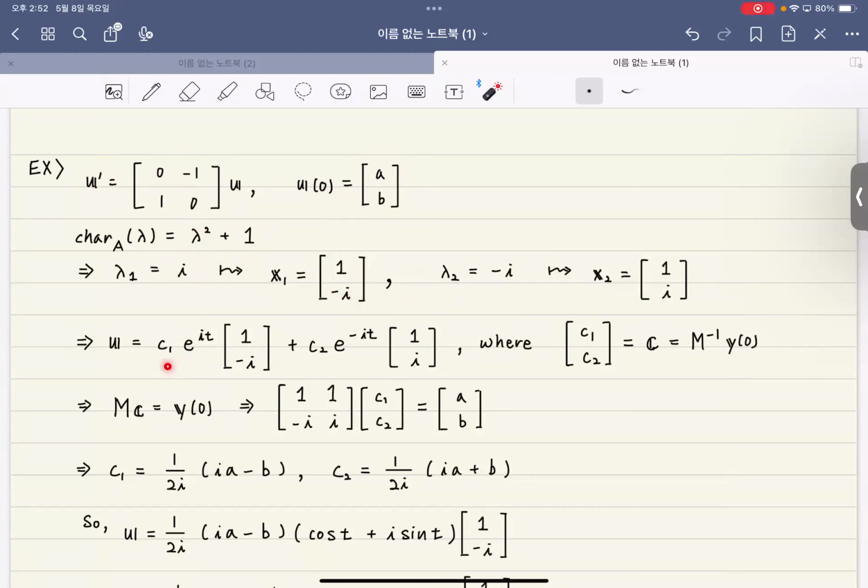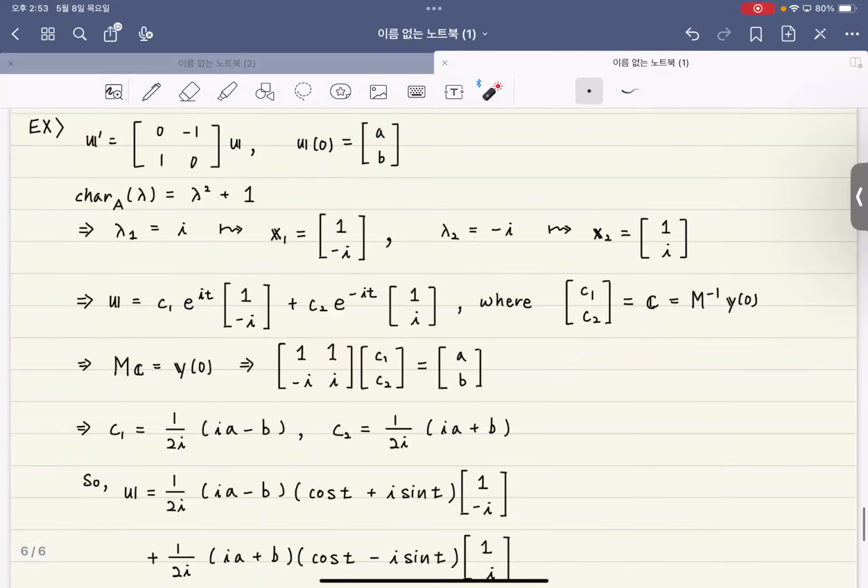So our solution should be something like this: C1 times e to the t times the first eigenvalue times the first eigenvector, plus another constant C2 times e to the other eigenvalue times the other eigenvector, where C1 and C2 are arbitrary constants depending on the initial condition.